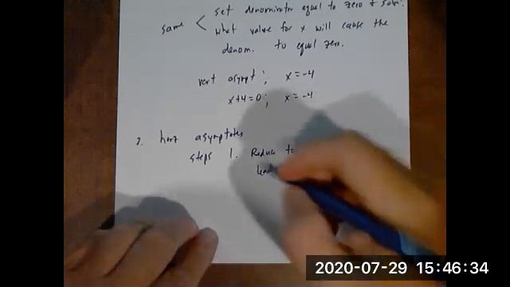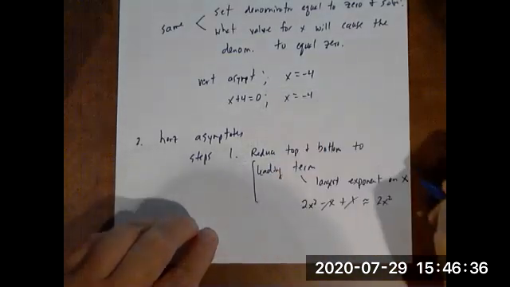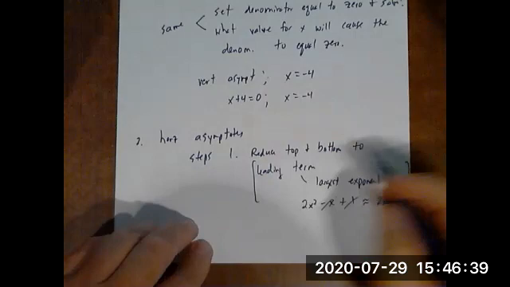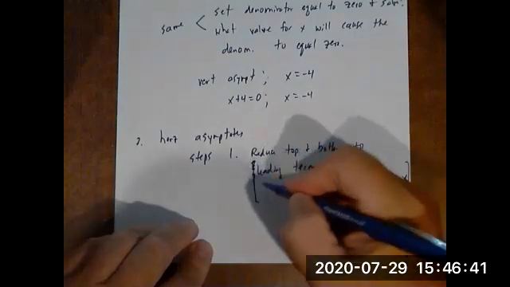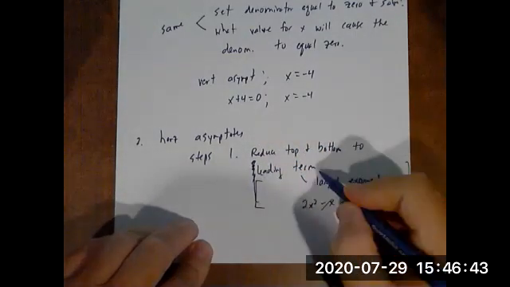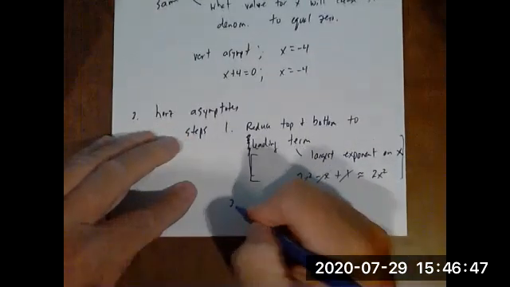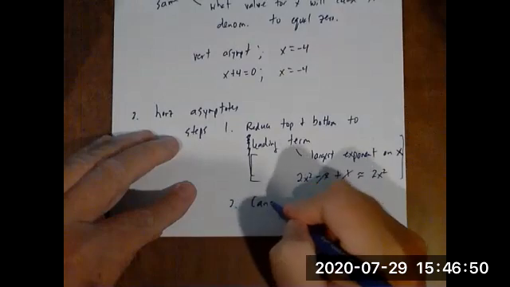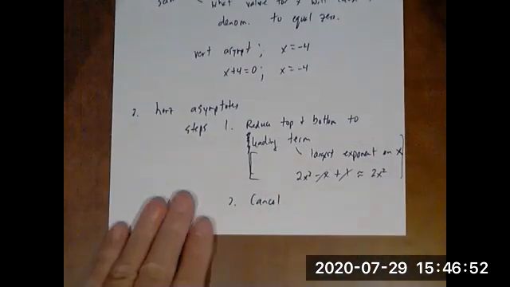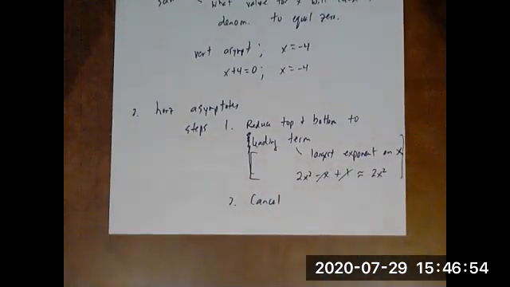So the first step, this is explanation of leading term. Reduce top and the bottom to leading term. And then you look at the top and the bottom and you see if anything cancels.